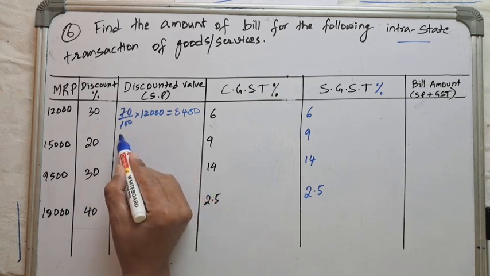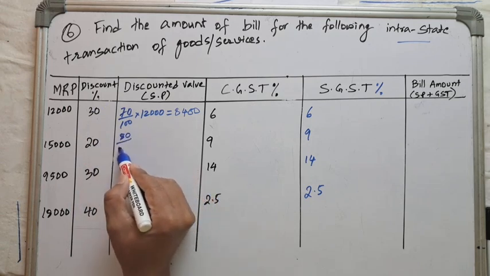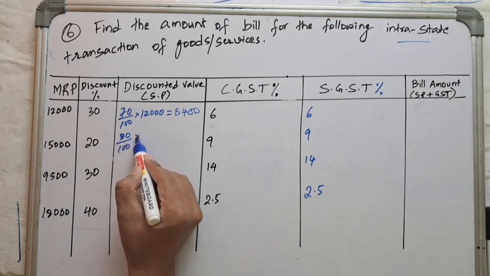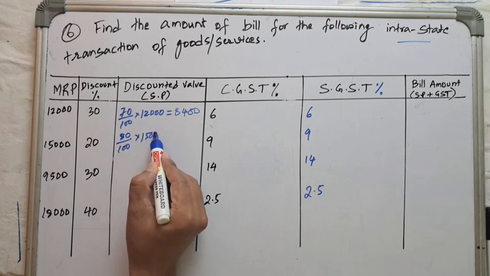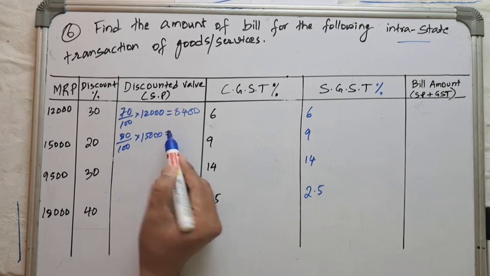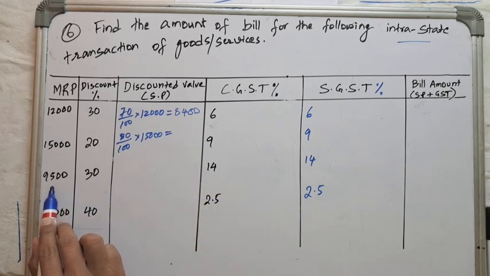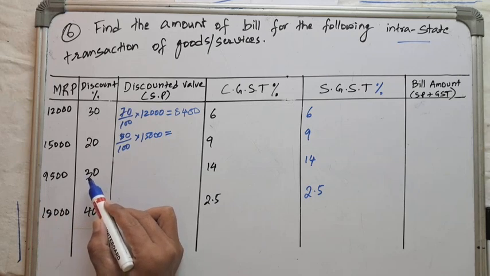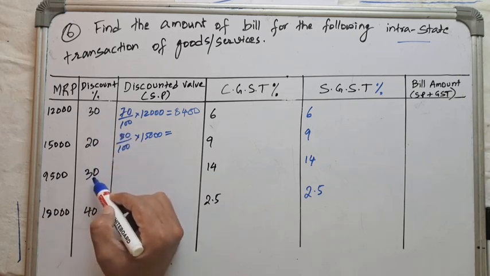Similarly, MRP is 15,000, discount percent 20%, isn't it? So SP will be 80%, 100 minus 20 is 80, of 15,000. We will calculate this later on. MRP is 9,500, and discount percent is 30%.